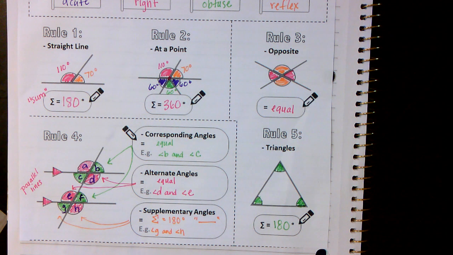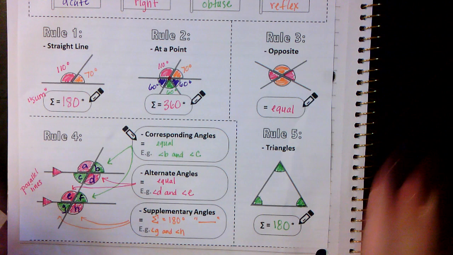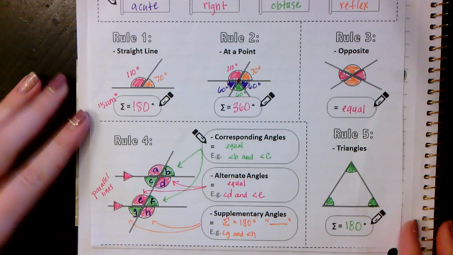And there's different types of triangles, and we're not going to get into that just yet. We're going to get into that when we talk more about congruence and different rules and different types of triangles and how you can tell if the sides are equal and if it's an equilateral triangle or not. But this is just a refresher on different angles and how they add up and how they work.